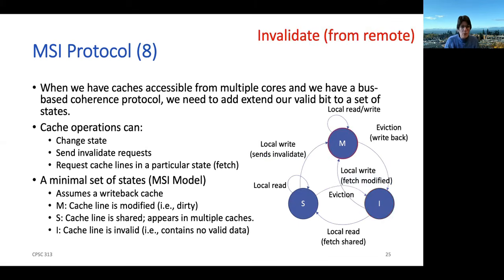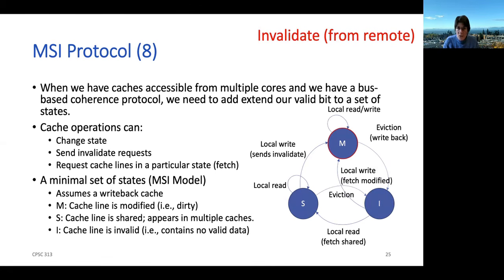So let's imagine that we're in the modified state, and what I see is that some other remote core is either trying to read or write this cache line. So I'm a core, I have a dirty cache line, and some other core either wants to read or write it. What must I do?